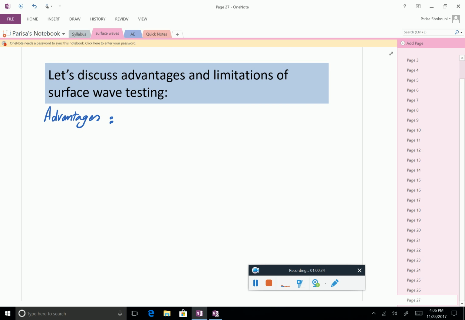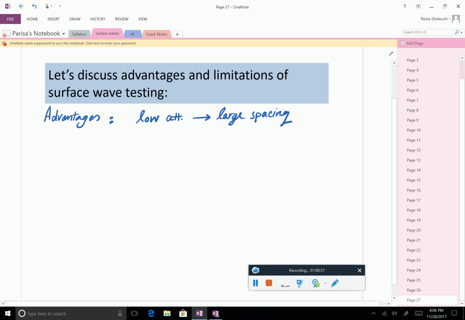That's a real advantage because the attenuation is low. Low attenuation results in large spacing, which can be very practical.